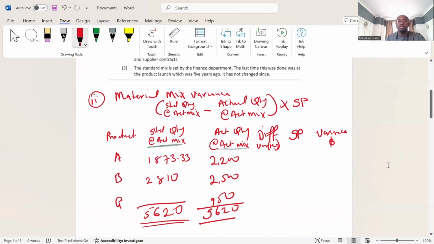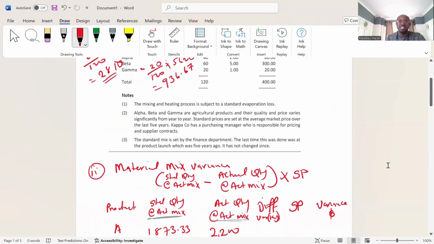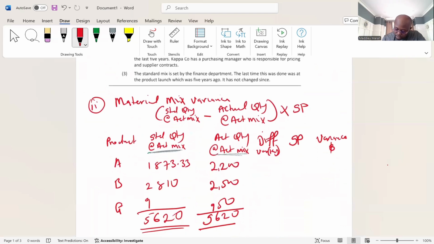And for gamma, 936.67. These are my figures for my standard quantity at actual mix. Then I need to get the difference. The difference is the variance in kg.